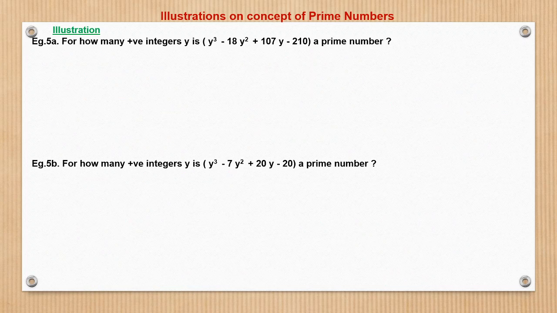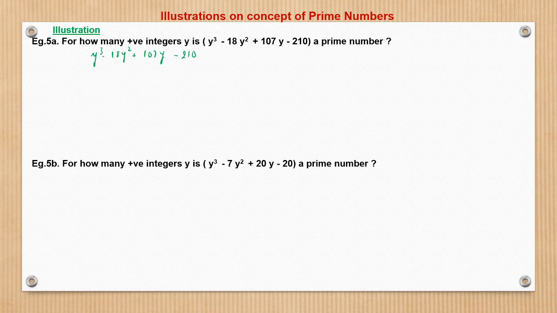A similar problem we will solve here. Here it says that, see, y cube minus 18y square plus 107y minus 210. We know how to solve this sort of problem.